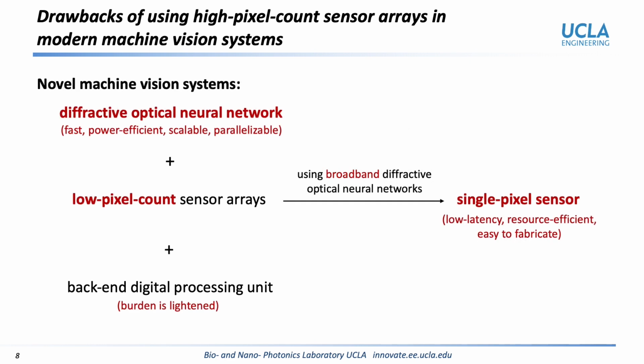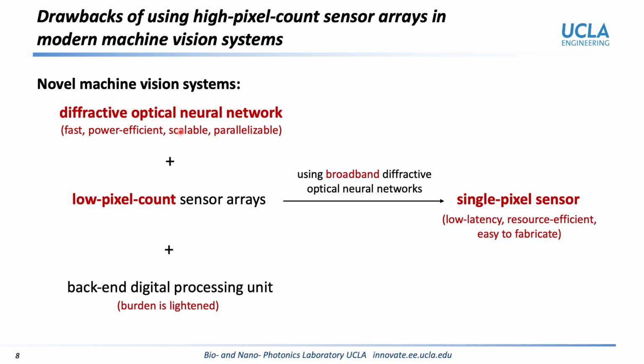So for designing the next generation of machine vision systems, considering the diffractive network's powerful optical information processing capabilities, we can transfer some parts of the back-end digital processing unit's labor to this diffractive optical neural network, and we'll be able to use lower pixel count sensor arrays to receive the output from the optical front-end.